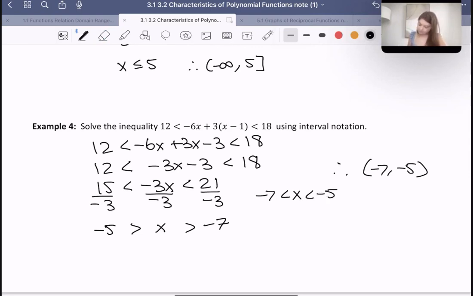There we go. Everything from negative 7 up to negative 5, but not including those terms because we have strict inequality signs, not ones that are less than or equal or greater than or equal. We just have strict less than signs here. And so that's why we can't have any square brackets in this case. Alrighty, very good.